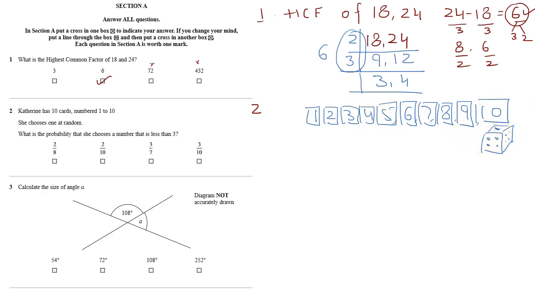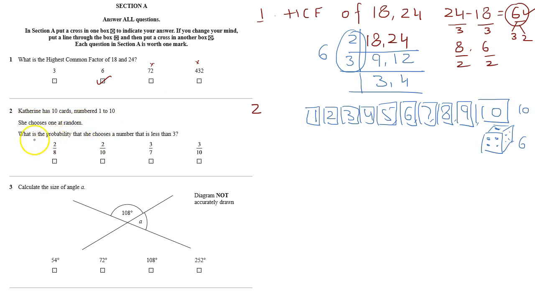Only what matters is the face, how many faces are there. A dice has 6, this one has a total of 10. So the possible outcomes here are 6, and any number can come. Here the possible outcomes are 10.